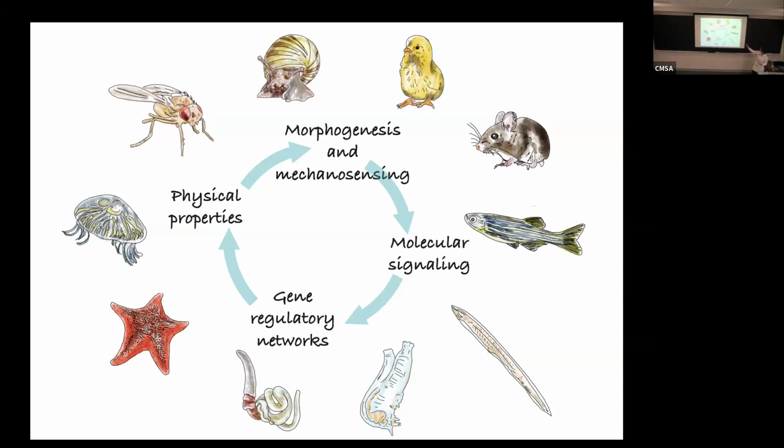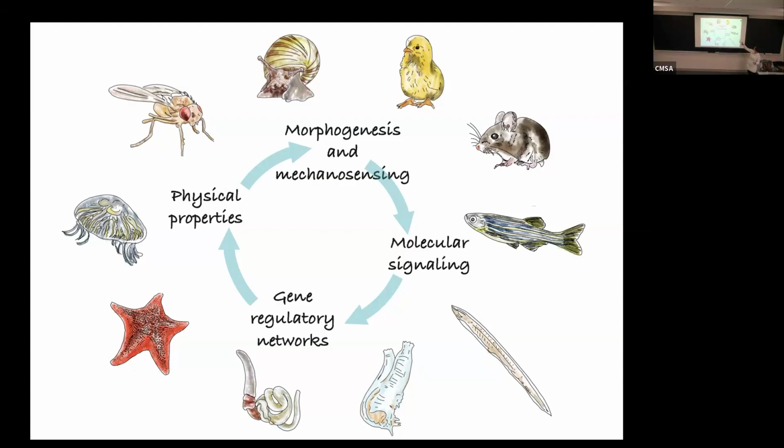There are lots of people that focus on differences in molecular signaling and gene regulatory networks among species, by comparing where certain signals are expressed and what are the differences in the gene regulatory networks that they activate in different species. And then there are people that are more interested in the changes in physical properties and morphogenetic events and how those feed back into that, right?